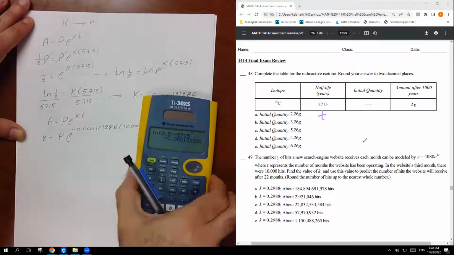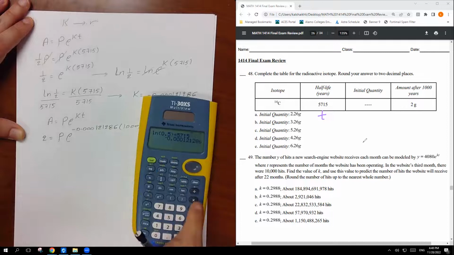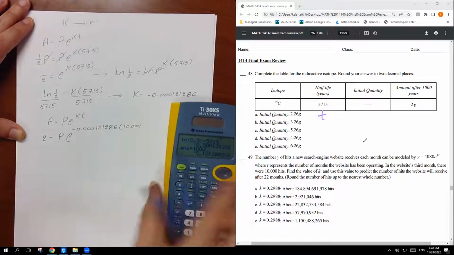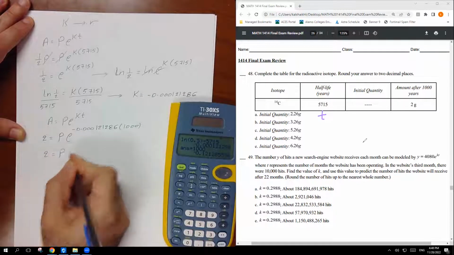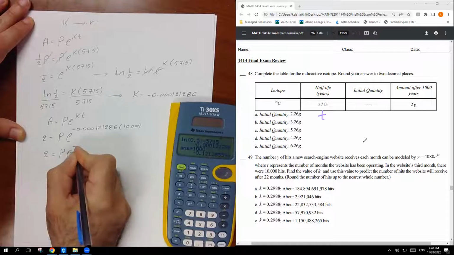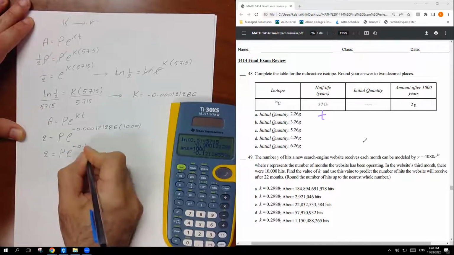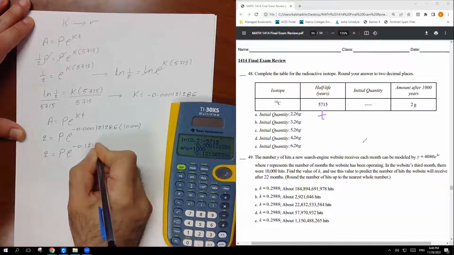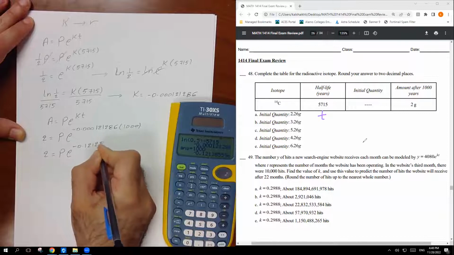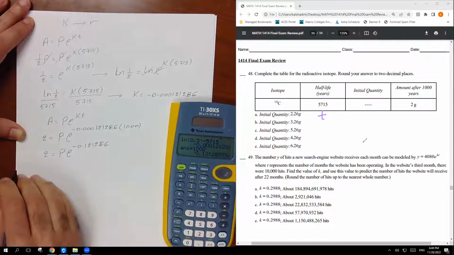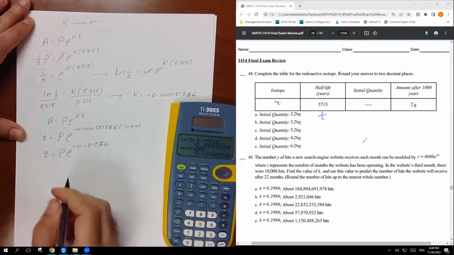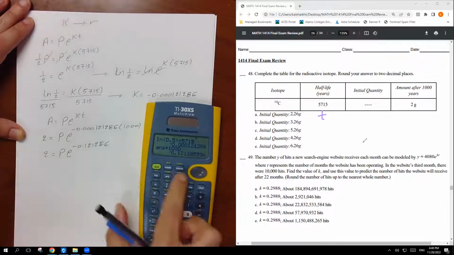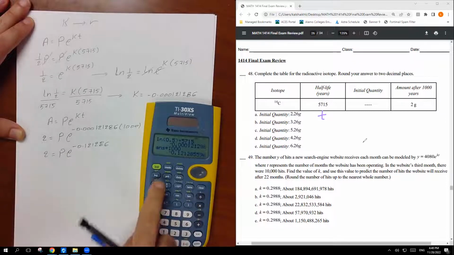So let's multiply k times 1,000, and it's going to be this number. Just cancel these zeros. That means 2 equals P e^(negative 0.121286). Then we need to find P, so I'm going to divide both sides by e to the power, or you can find how much e to this number is.